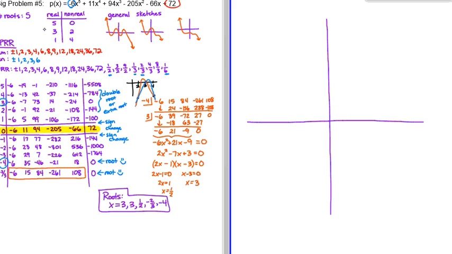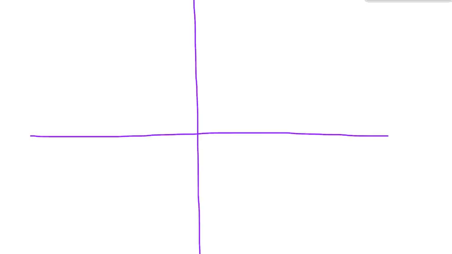Let's go with single screen, and let's do 1, 2, 3, 4, 5. And negative 1, negative 2, negative 3, negative 4, negative 5. And then let's do something like 500, 1,000.